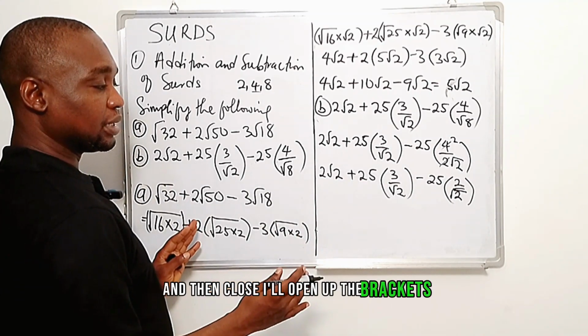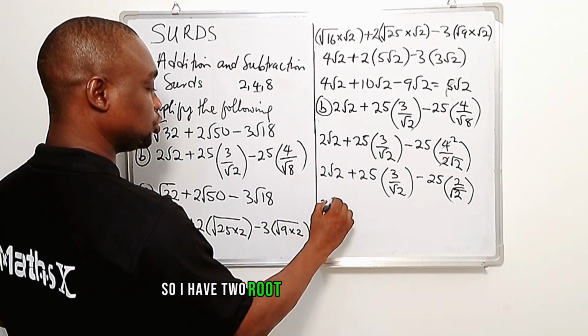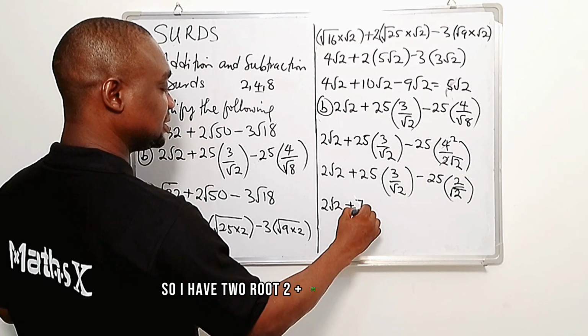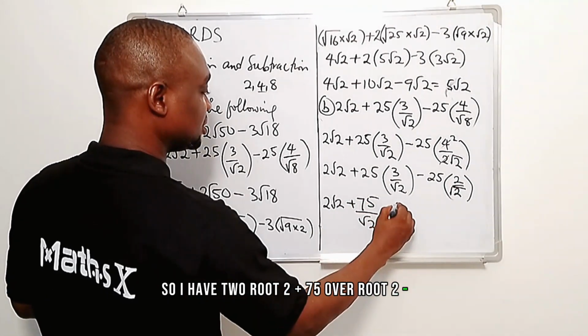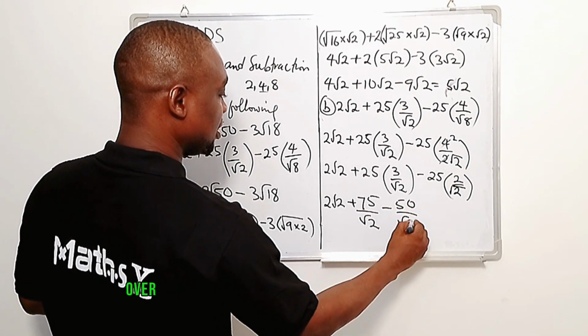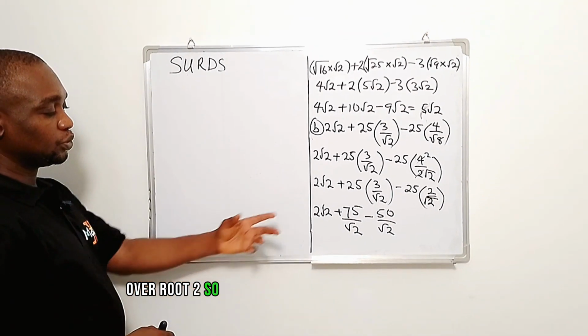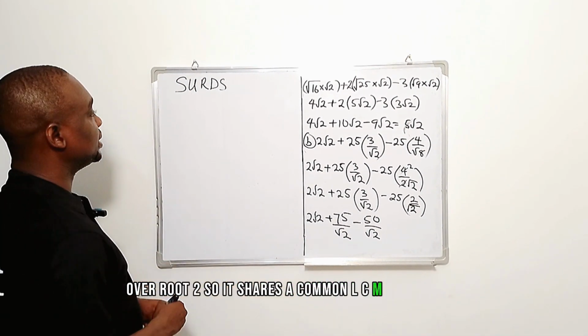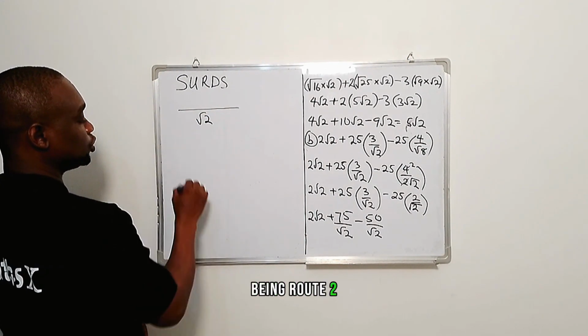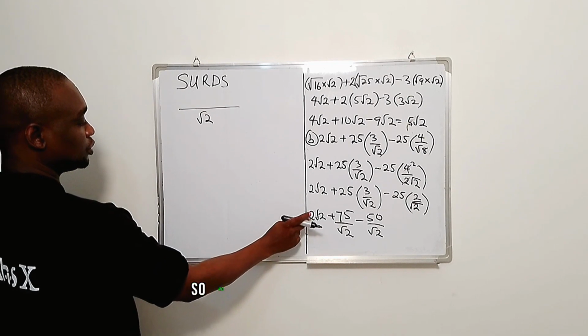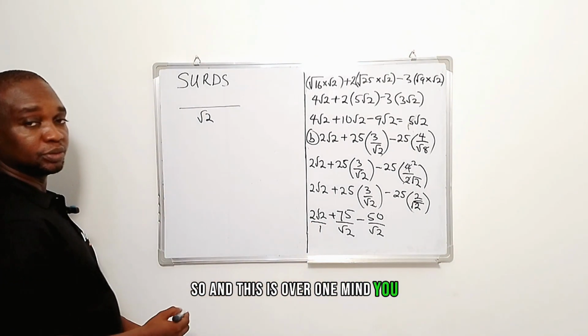I'll open up the brackets. So I have 2 root 2 plus 75 over root 2 minus 50 over root 2. So it shares a common LCM, our LCM being root 2. And this is over 1, mind you.